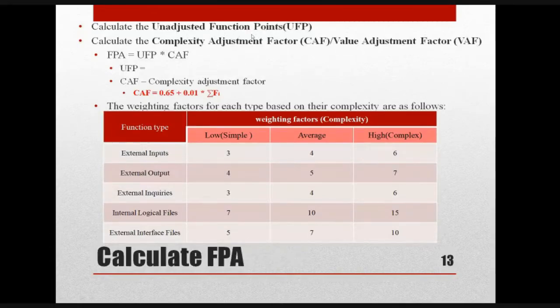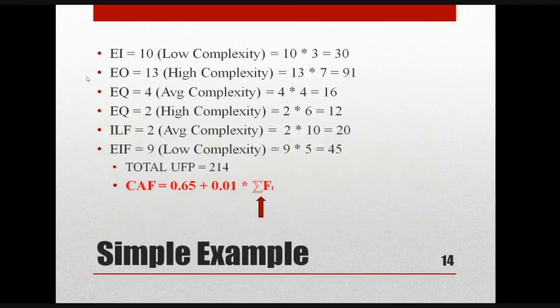So these 5 function types are unadjusted. We are identifying the complexity, calculating the values for each function type, and finally summing up all the values to identify the unadjusted function points, UFP, which is equal to 214.